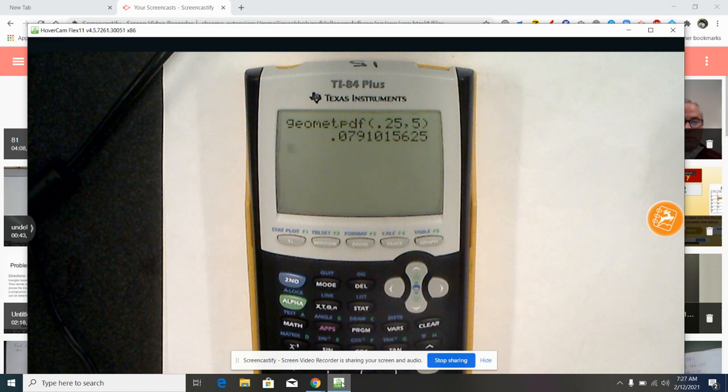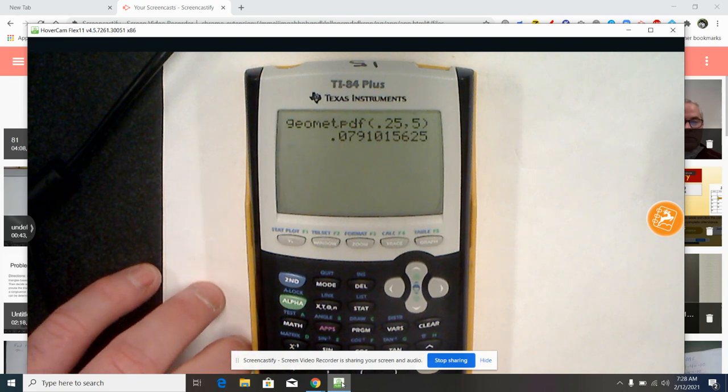So if we want to know that Jeff wins on the 5th try, that means that he has to fail on the first 4. And so if his probability of success is 0.25, that means his probability of failure is 1 minus 0.25, which is 0.75.